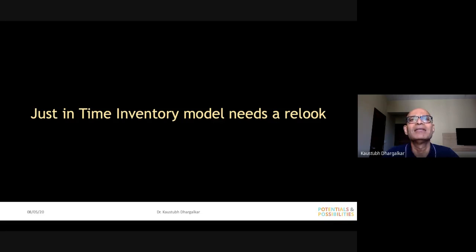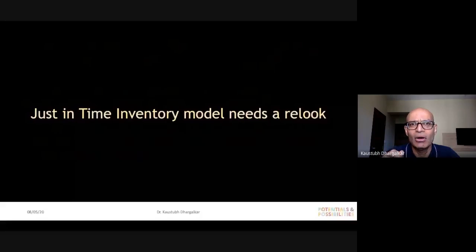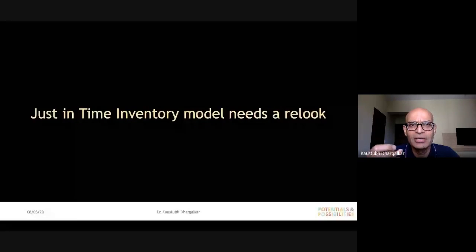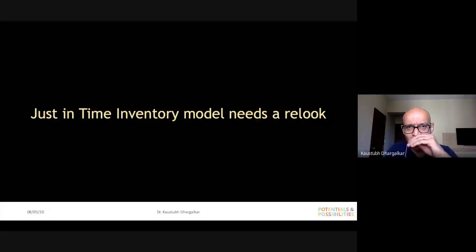So for the last 40 odd years, we have perfected the just-in-time inventory model, where every piece in the supply chain gets stocks just when they are required, which means the system is so lean that there are no buffer stocks.